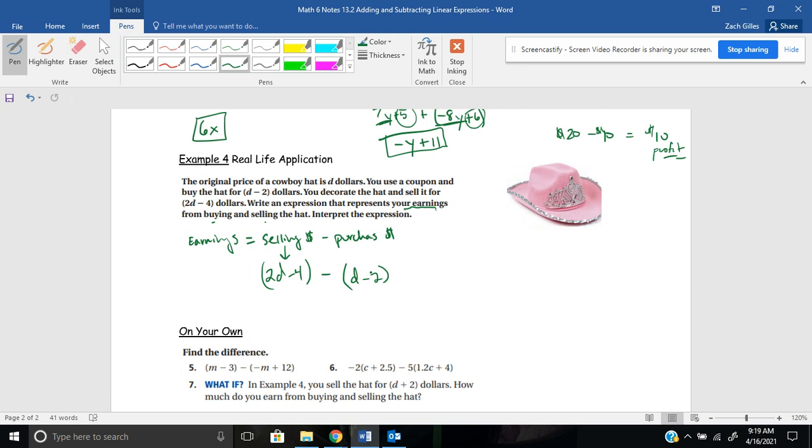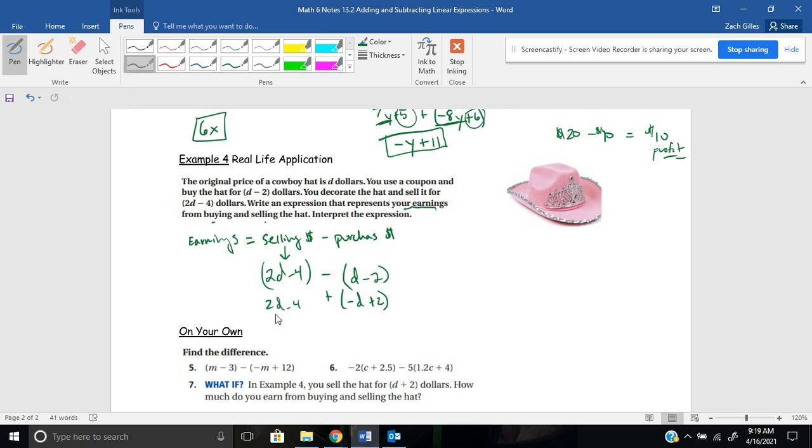Okay. All right. Let's first change our subtraction to addition and the next two signs to their opposite. So negative d, opposite of subtracting 2 would be adding 2. And then I didn't do anything with this 2d minus 4.